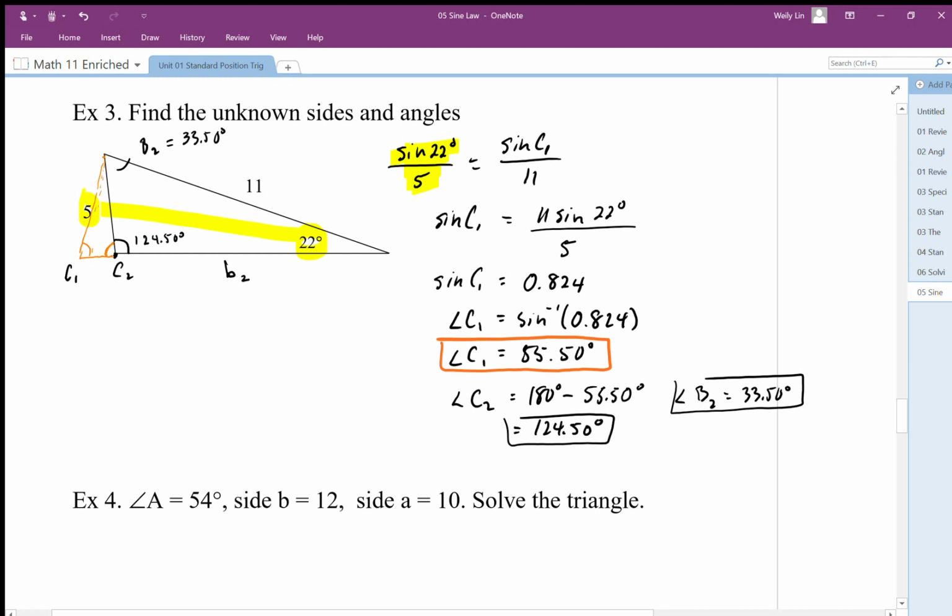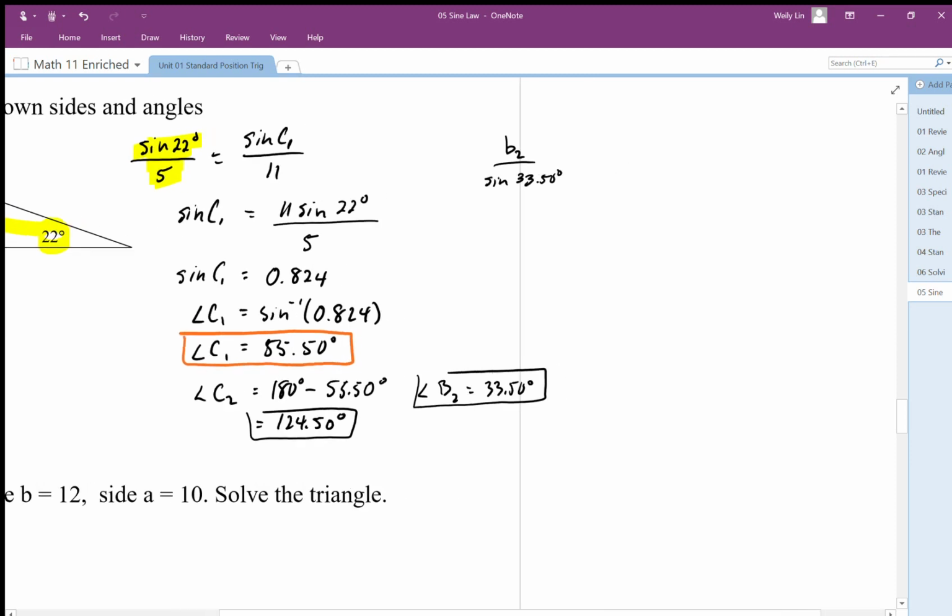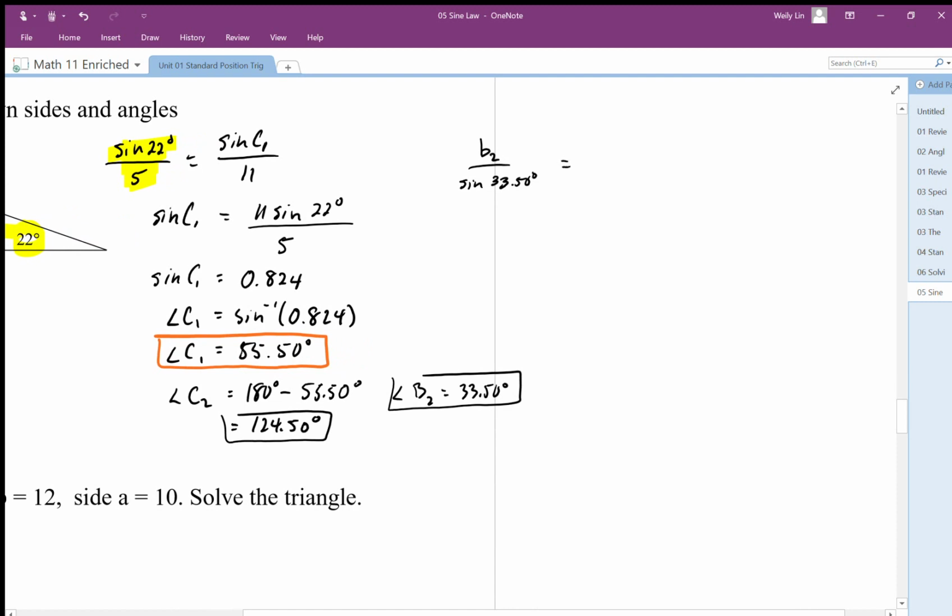And using the sine law, we're going to solve for B2. So side B2 over sine of 33.50 degrees is equal to 5 over sine 22. Again, I'm using the sine law, solving for side B2.